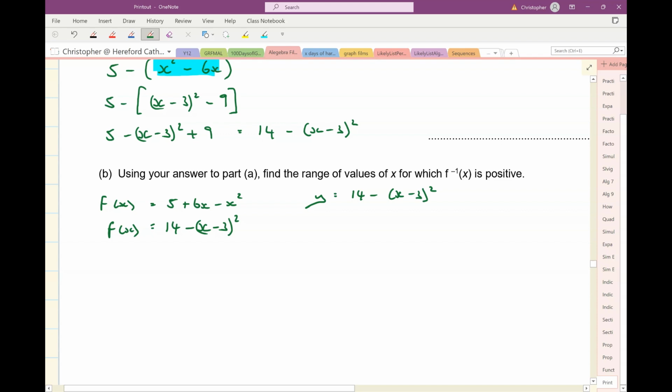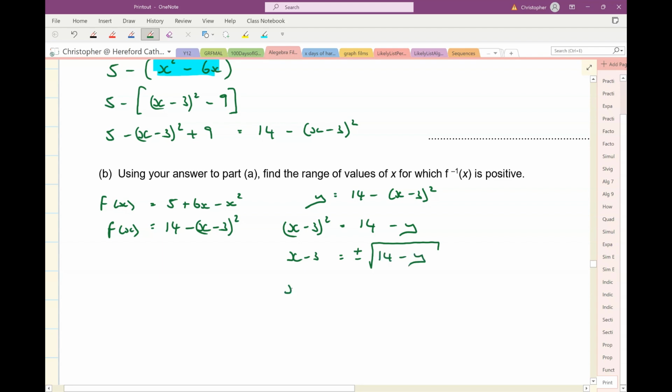Let's start by adding (x minus 3) squared to both sides. So that's going to give me (x minus 3) squared on the left. I'll minus y from both sides as well, so that gives me 14 minus y. Right, square root both sides. So x minus 3 will be either of the square roots of 14 minus y.